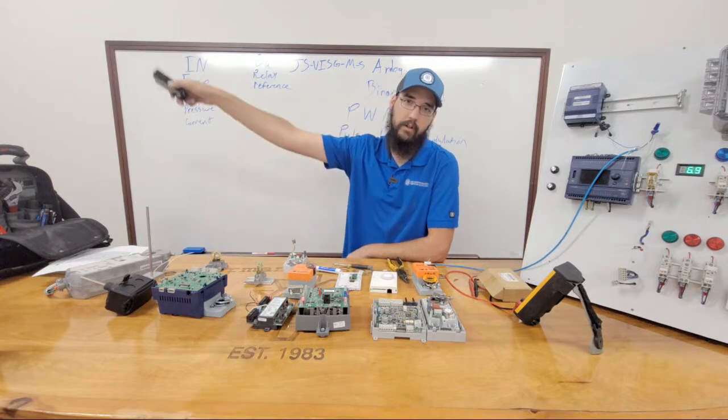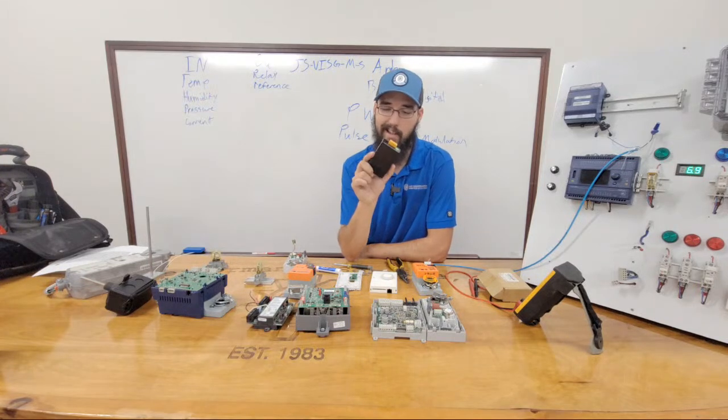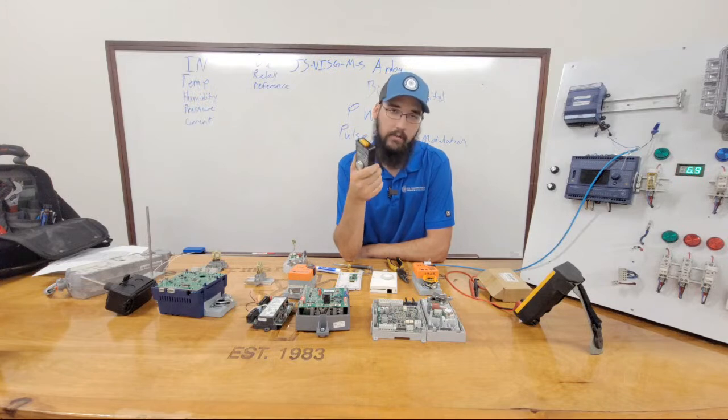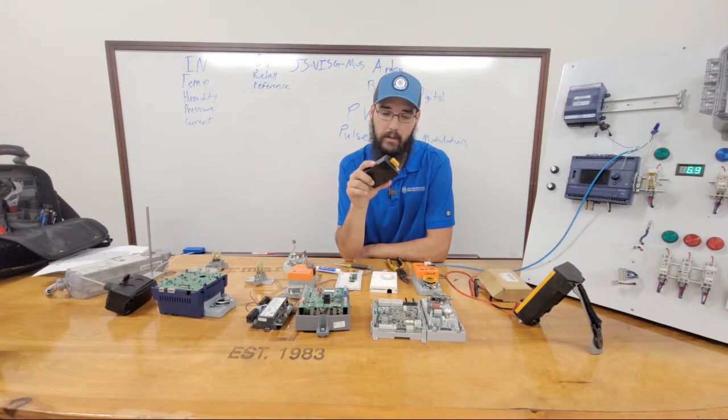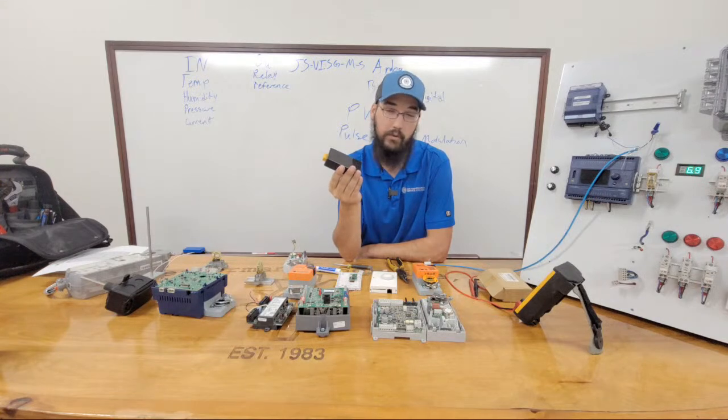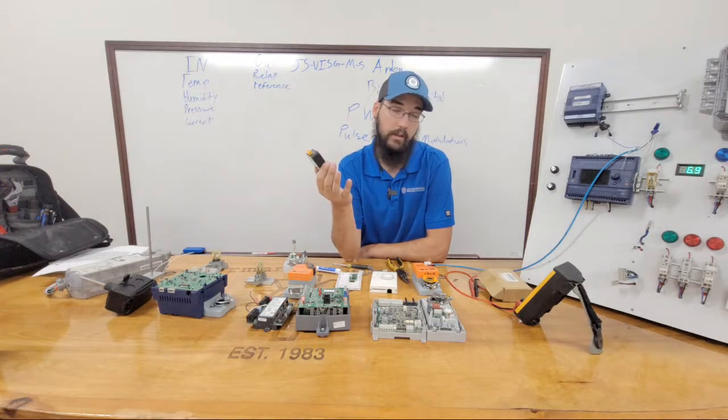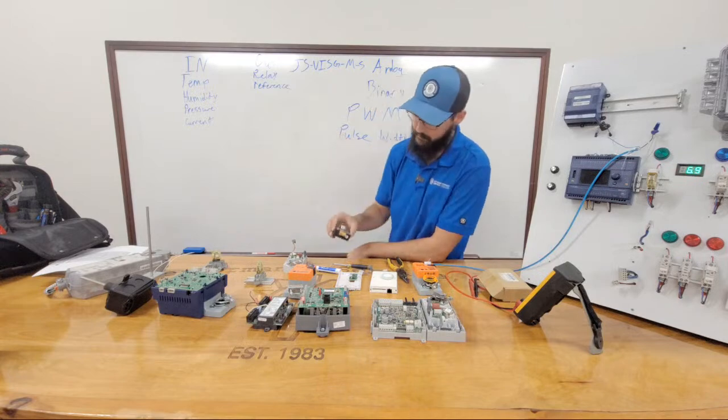This one, if I chunk it across that room and hit the wall, it's not going to turn on after that. You could go buy them, and they could take a pretty good beating, but I think they usually run around $200 to $250 for a basic one, but again, a quality one at that. So anyway, that's my recommendation there.